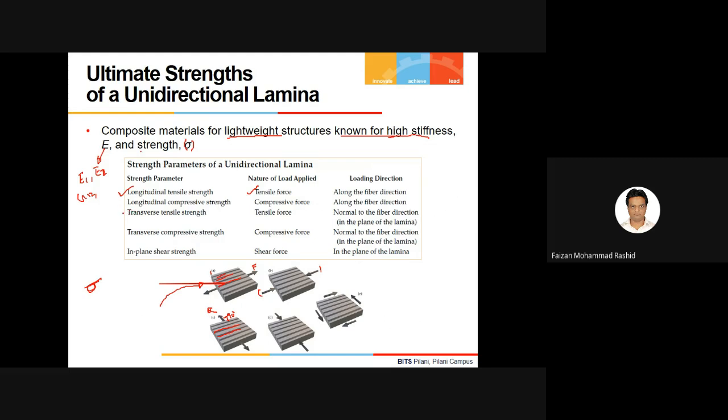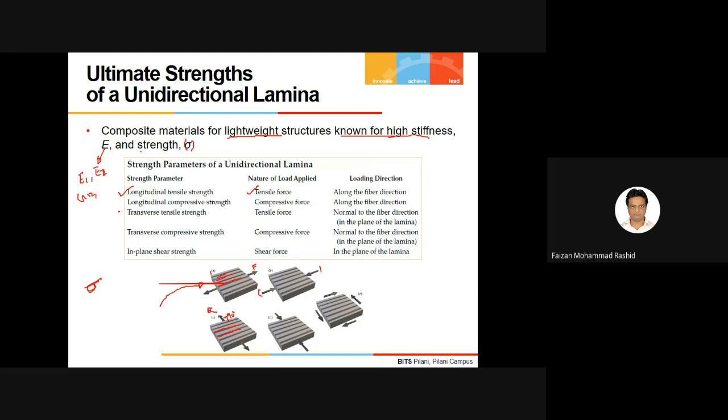How are you going to quantify, or characterize, your composite material based on strength? Till now we have seen the stiffness values, which composite, based on the fiber volume fraction, is going to have higher stiffness in the transverse direction, then the longitudinal direction, then the in-plane shear direction. Now we will look into the strength.